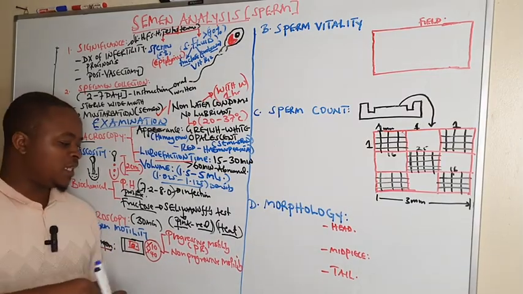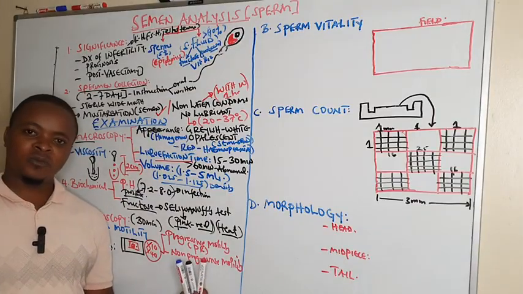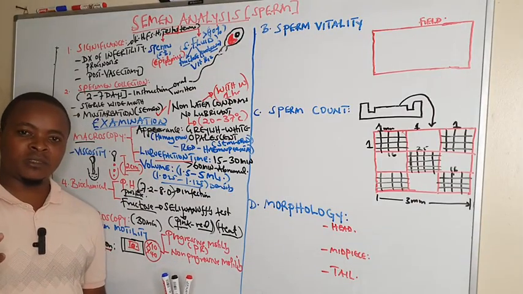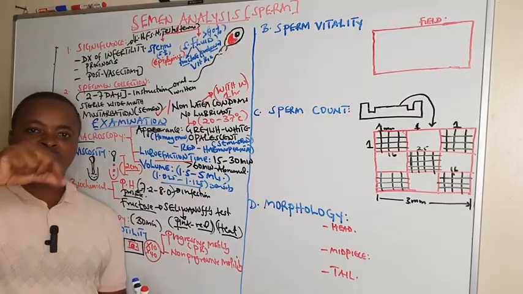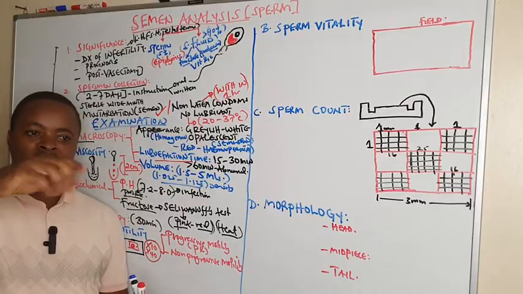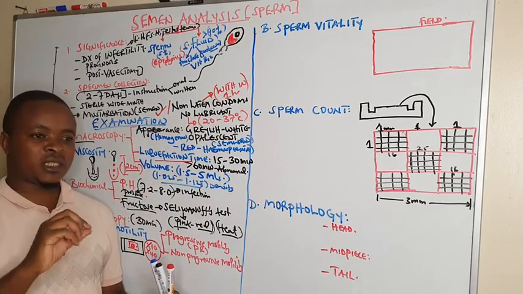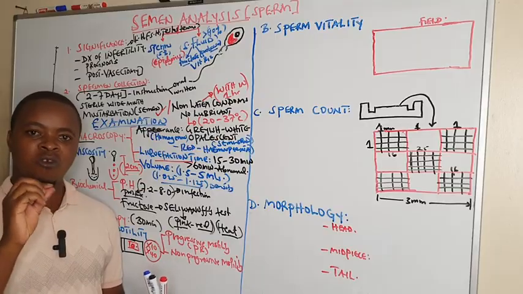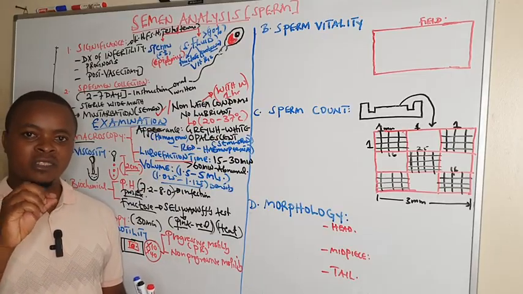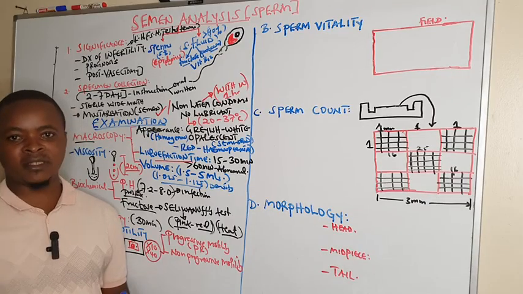So you find non-progressive motility sperms only move around the place where they are. They don't make a forward movement. You find the sperm is swimming but remaining in one position. So they are motile but non-progressive.